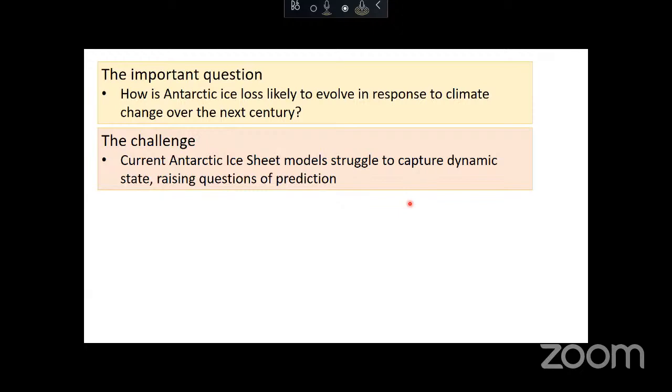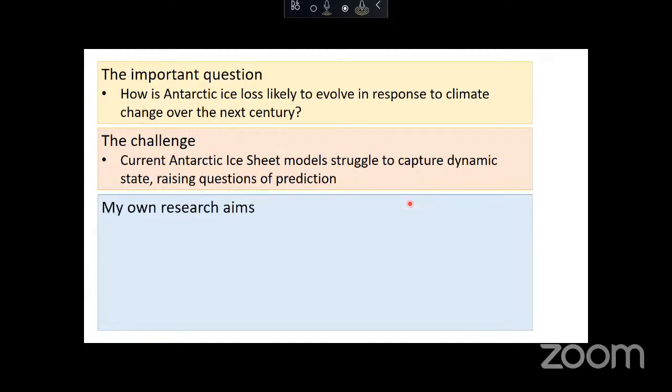And that's what I like to focus on. So in the rest of this talk, I'm going to talk about my own research aims. When I was talking to Hannah about what I should include in this talk and how it should proceed, she said, well, people just want to know what you're working on. So I'm going to talk about what I'm working on.